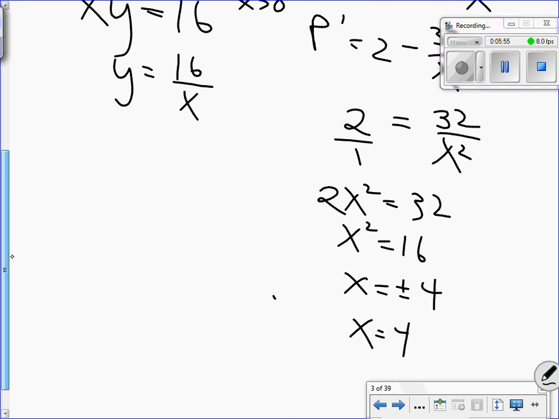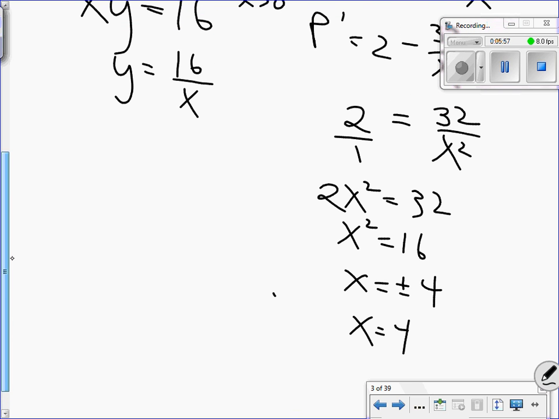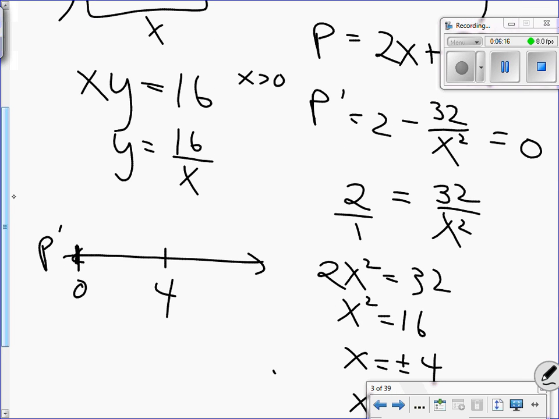And we want to make sure that this is giving us a minimum perimeter. I would make a little sign chart, like doing the first derivative test. Or do you like the second derivative test better? You guys like the first derivative test. So you pick a number like 1. Is your first derivative, 2 minus 32 over x squared, positive or negative?